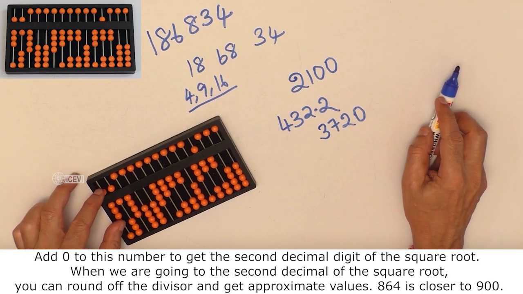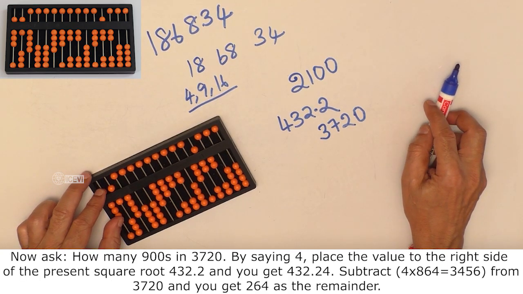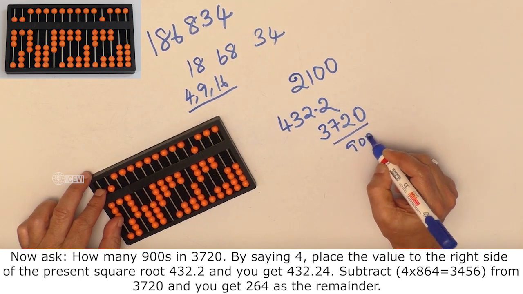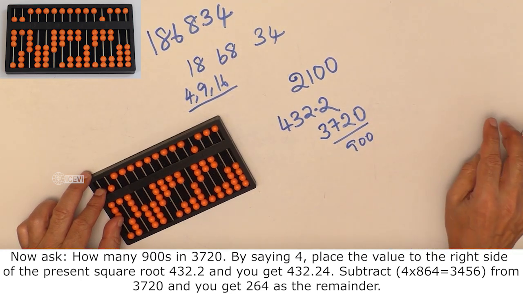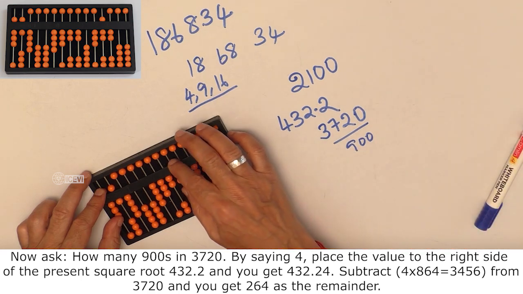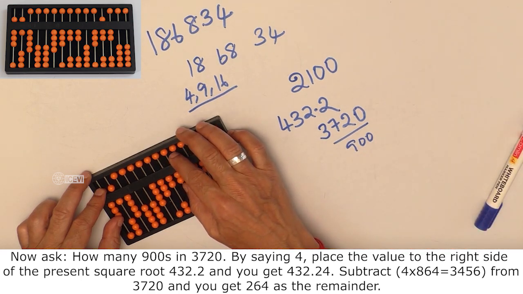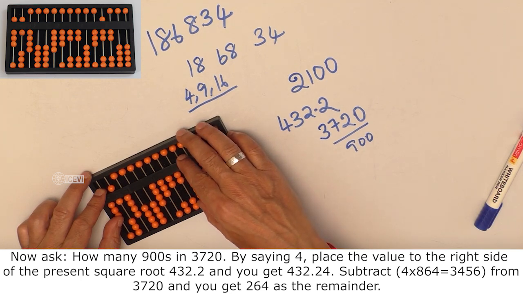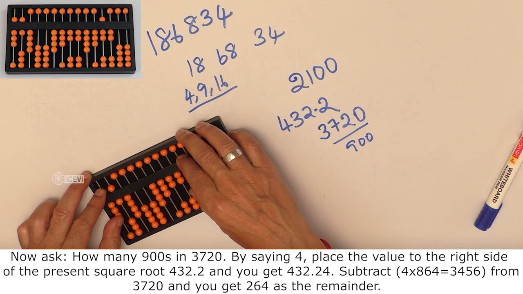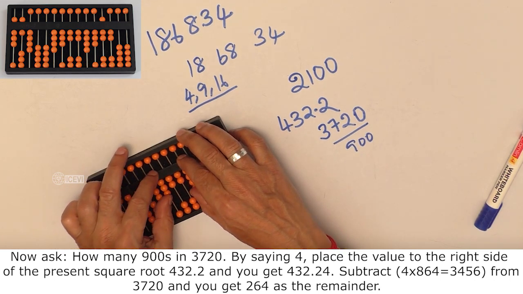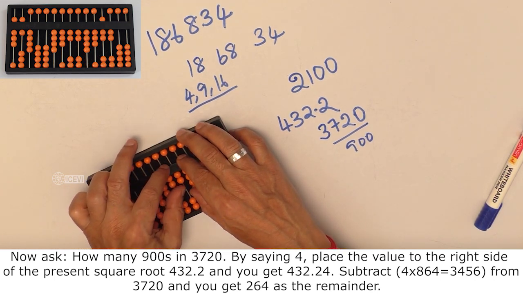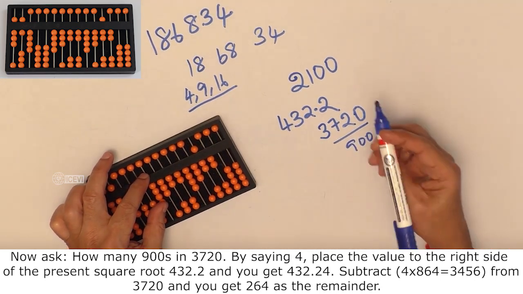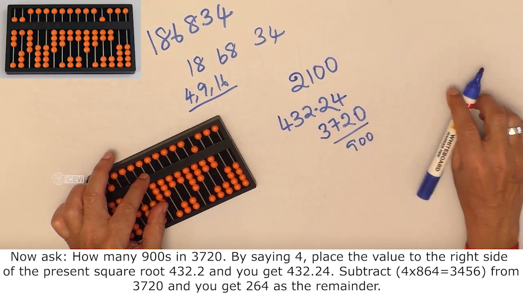864 is closer to 900 and therefore you ask how many 900s in 3720. By saying 4, you place the 4 to the right of the present square root, that is 432.2, and you get 432.24.